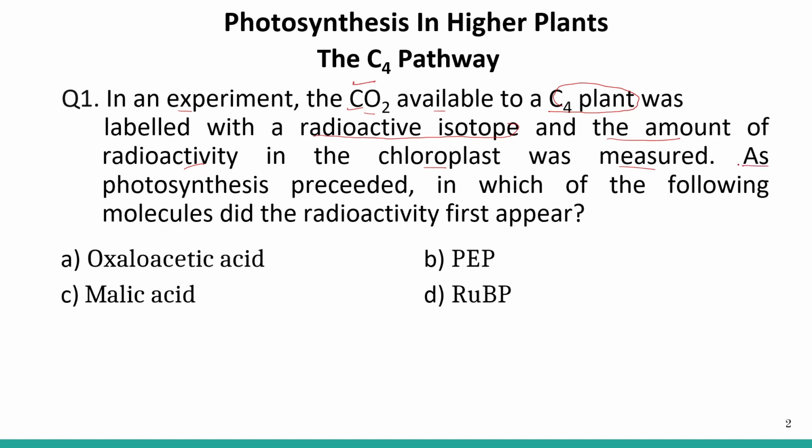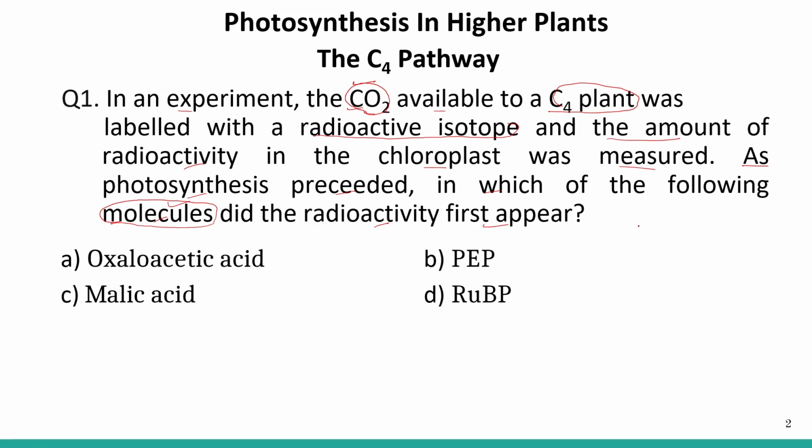As photosynthesis proceeded, in which of the following molecules did the radioactivity first appear? We have to name the molecule which will show the radioactivity. A molecule in which this radio-labeled carbon dioxide is inserted will become radio-labeled. So let's talk about C4 plants.